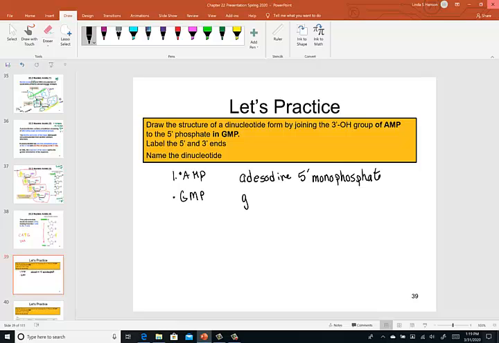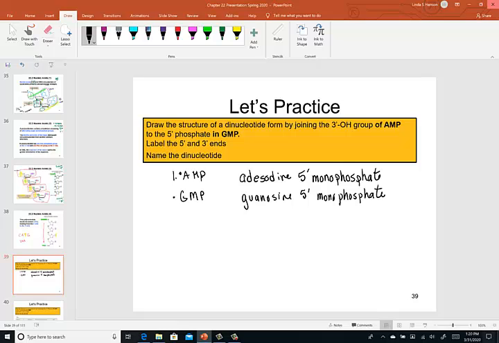Well, that is called guanosine 5' monophosphate. So we really have just started by recognizing if we got to hook together two nucleotides, let's understand what the two nucleotides look like.